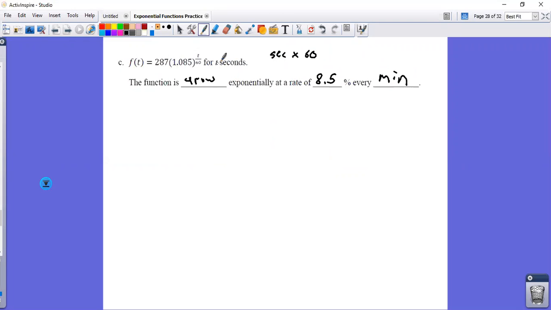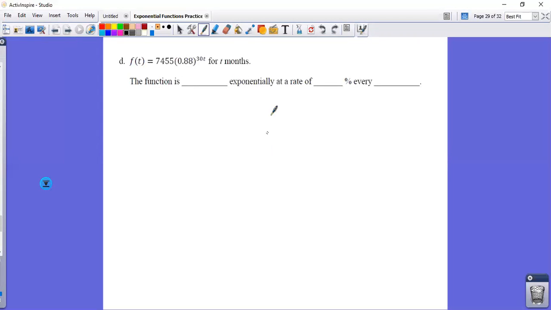So in other words, if it said how many are there in 60 seconds, you do 60 divided by 60 gives you 1 minute. Well, I said that wrong. Finally said it right at the end. All right, months. If you took months and divided them into 30 parts, you would get days, approximately. So this is decay. 1 minus 0.88 is 0.12, so it's 12% each day.